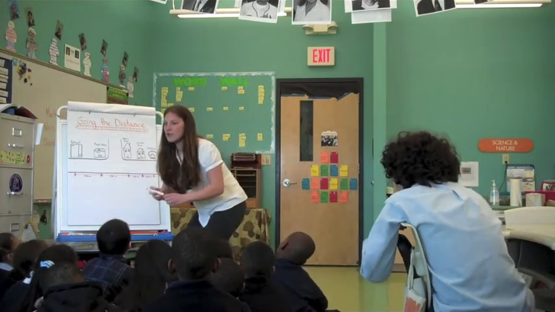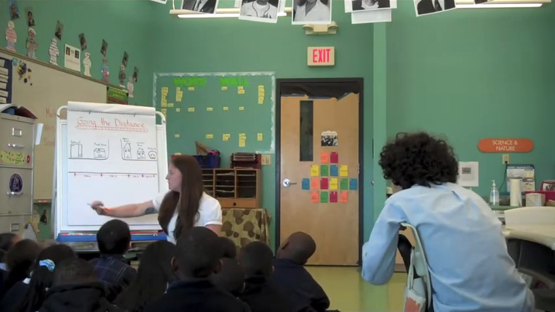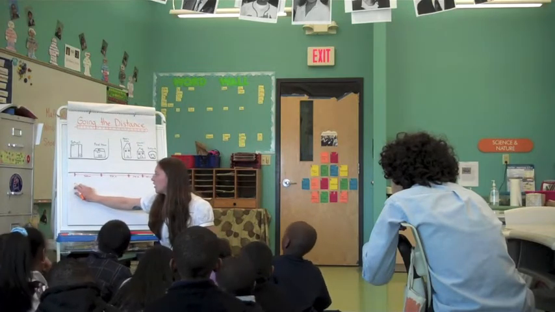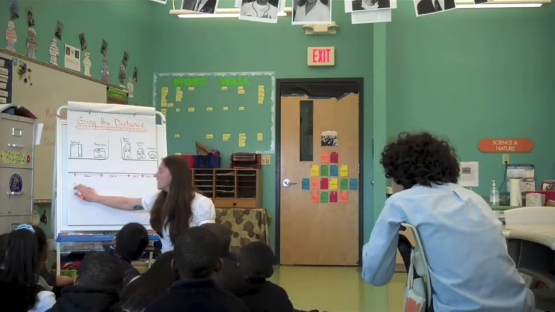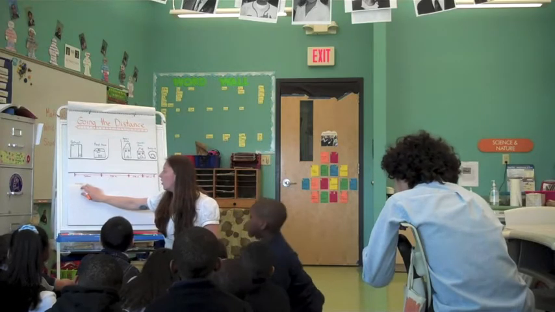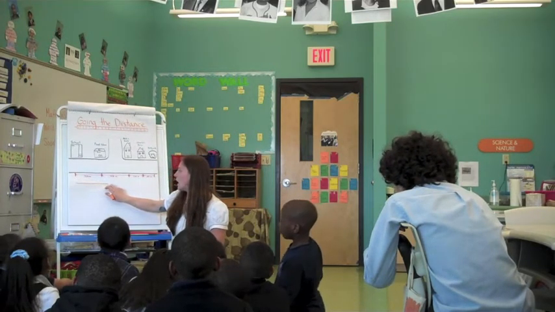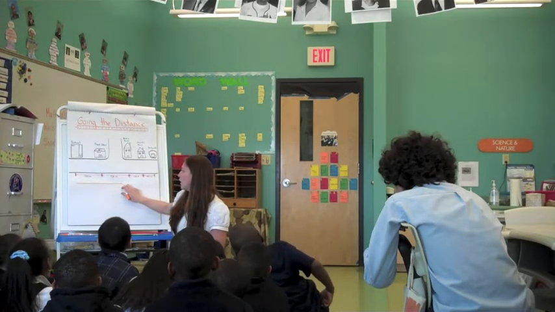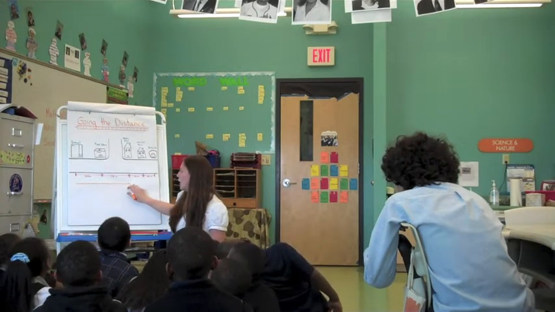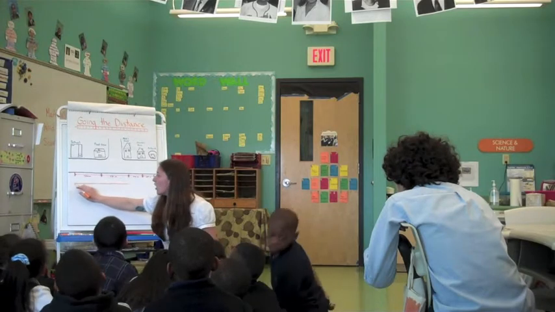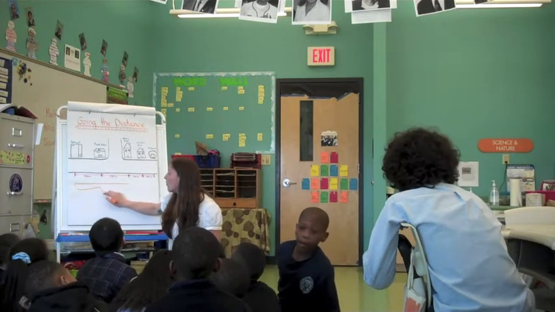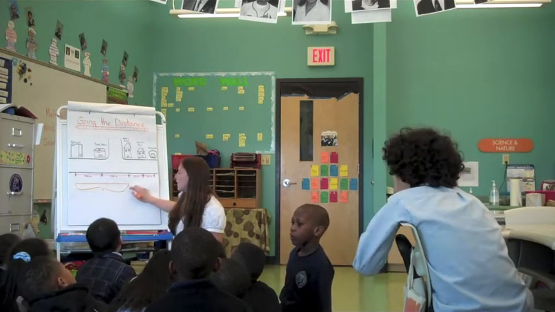So I want us to imagine right now we're sitting in a bus. Our bus is right here. We have to take the bus from school all the way to Alex's house. When I get to Alex's house, just say stop. Stop. Okay. So I need to know how long this whole thing is.